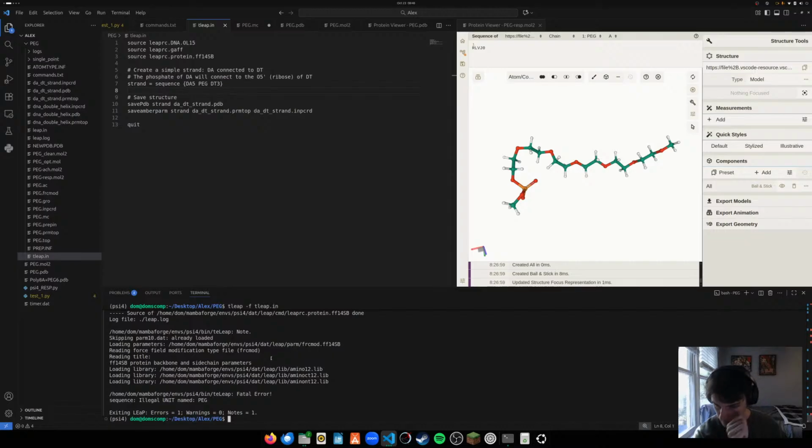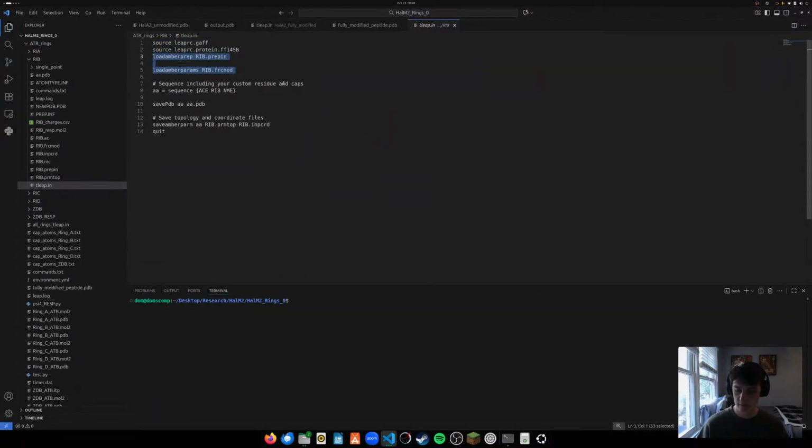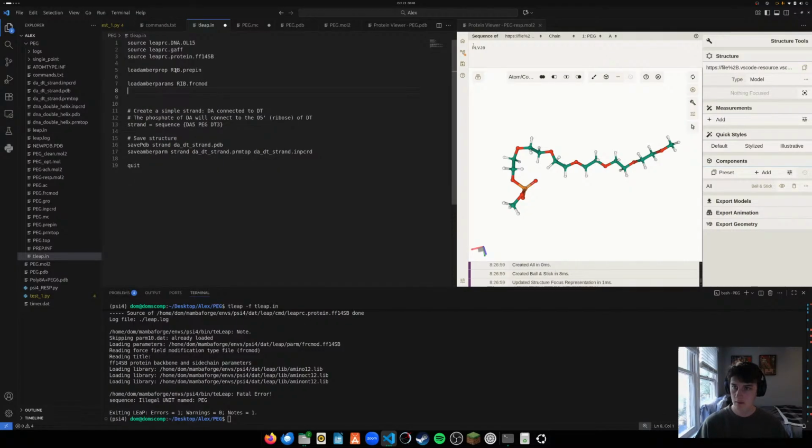Illegal unit name, PEG. Oh, I see. We gotta load this stuff. Hopefully we can figure this out.